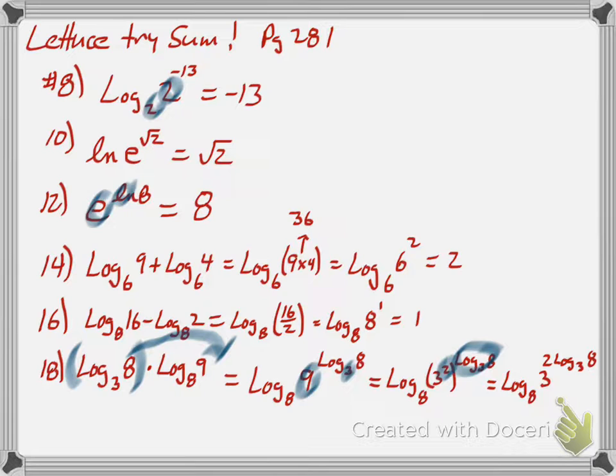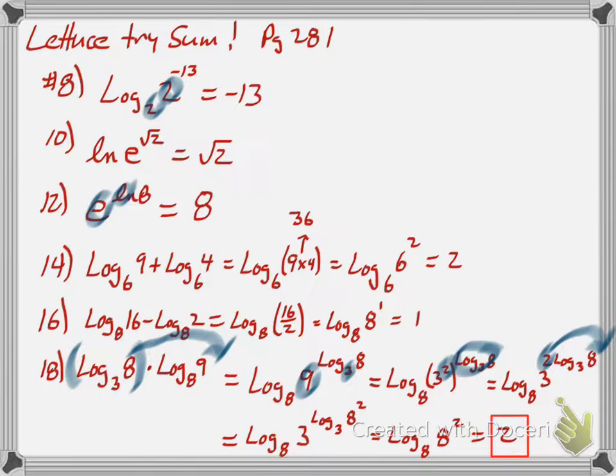Okay, good. Now, what about that 2? Kind of in the way. Well, let's use my reverse of my power rule again, and let's make it an exponent on the 8. Let's see what that looks like. Now I'm getting somewhere.